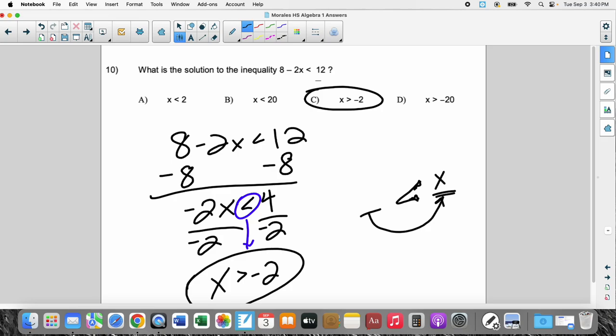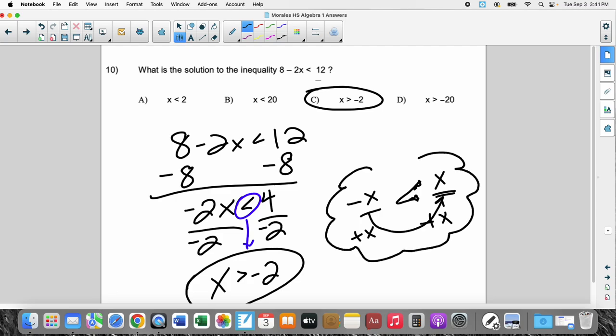Because if your variable moves from negative to positive, we notice that we move it across the inequality. So that's the idea of why we flip the inequality when we multiply or divide both sides by a negative. What you're doing is you're just moving that variable across the inequality.